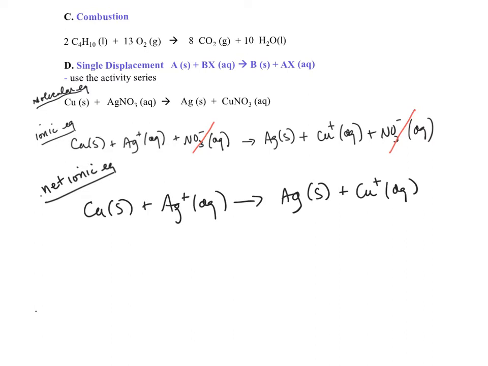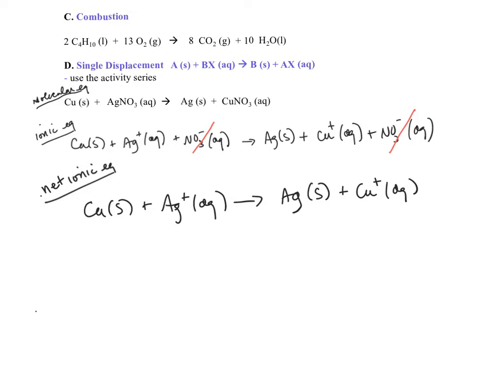So copper neutral plus silver ion forms silver neutral plus copper ion. And the last two here on the right, you could flip those. You could write it as copper solid plus silver plus forms copper plus silver solid. That would be fine.